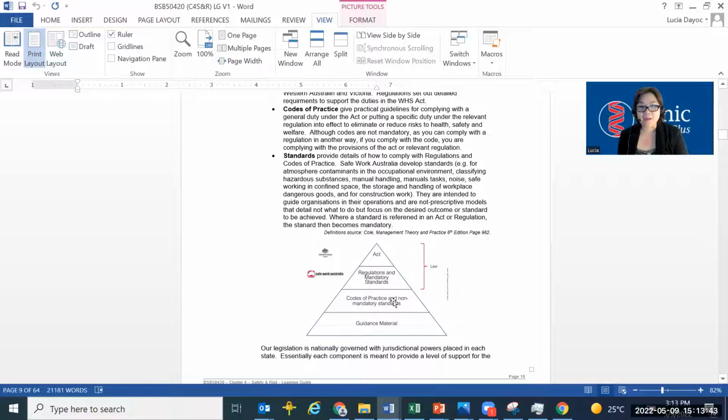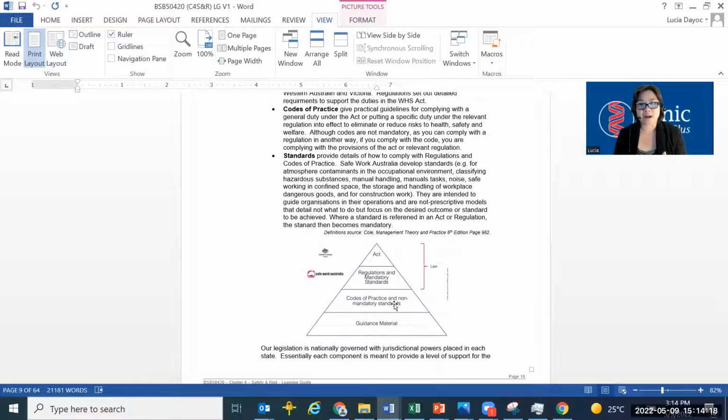The mandatory standards are more about how something should look, so what the outcome should be once you have followed the act. So it gives you a bit of a vision or an idea of what the outcome should look like. But if you go a little bit lower, the code of practice actually supports the standards, and it also supports the act.